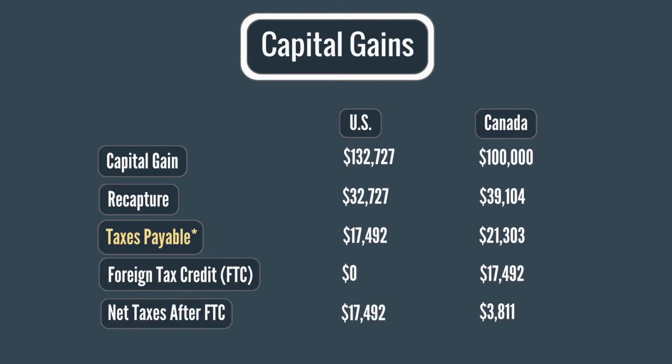Net taxes after foreign tax credit. The bottom line is that you will pay $17,492 of tax in the US and $3,811 of tax in Canada. The Canadian taxes are reduced by a foreign tax credit for the American taxes paid.